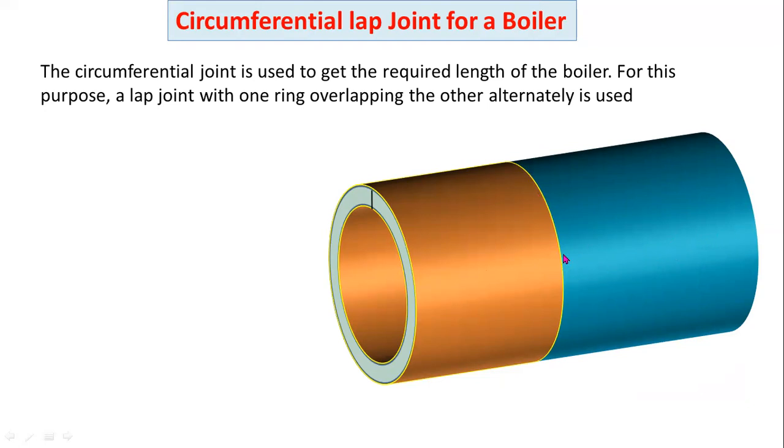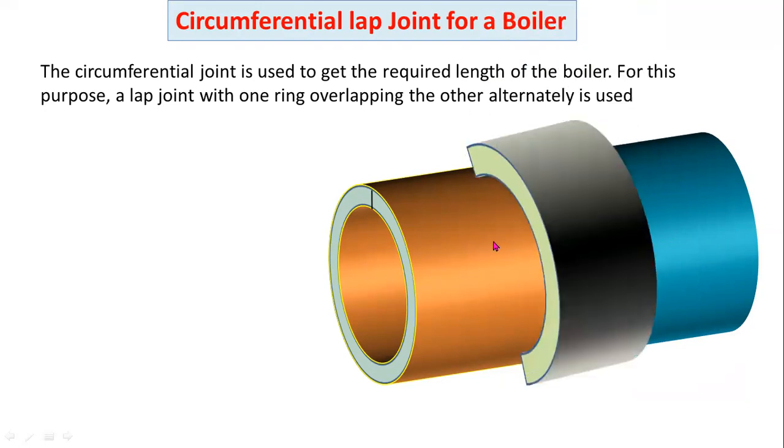For making a leak-proof joint, we are making a circumferential lap joint for connecting these two cylinders. Now these are the rivets.